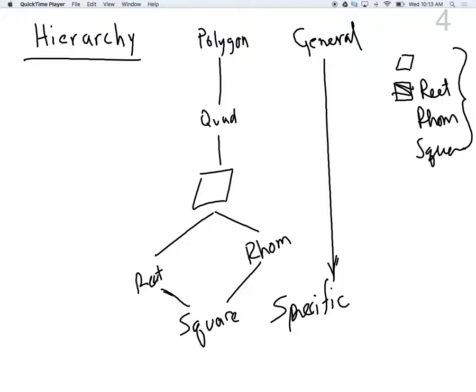My hint for you is that not only do you have to prove what it is, you also have to prove what it isn't. Does that statement make sense? Let's suppose I prove it's a rhombus. I can't stop there. I also have to check to see if it's a square. So I either have to prove that it's a square, or show that it's not a square. So there are two steps: show what it is, and also show what it isn't.